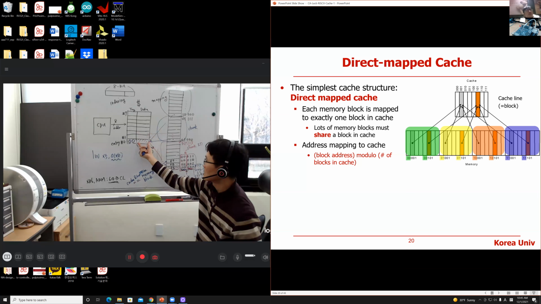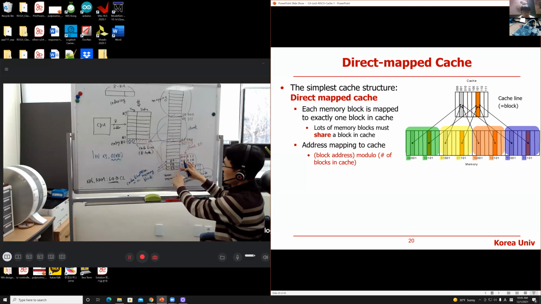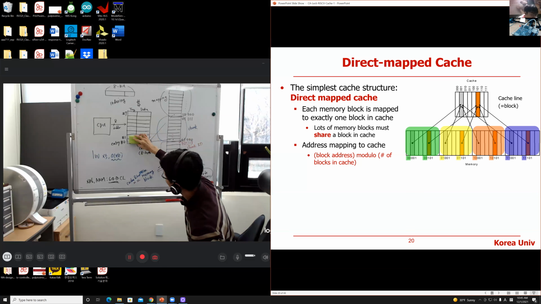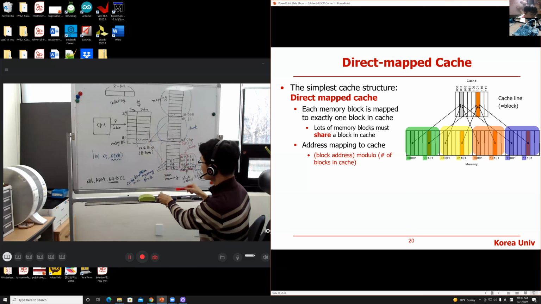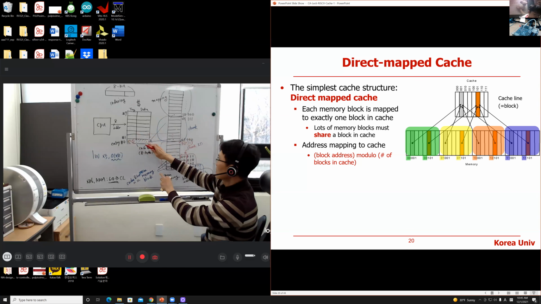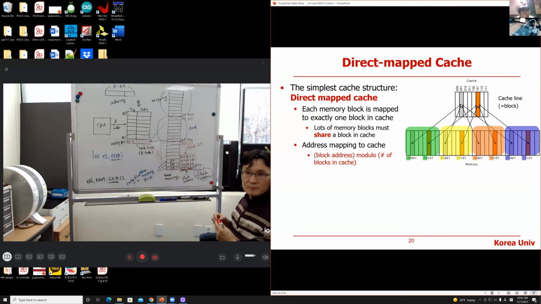Okay, I know that memory block came from this red chunk 00. Does it make sense? Right.